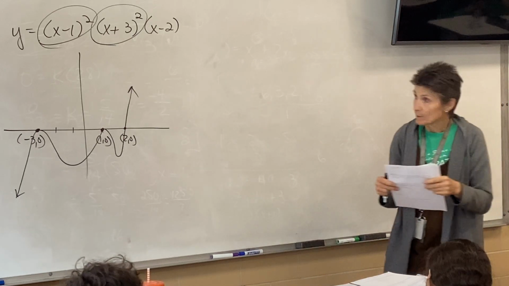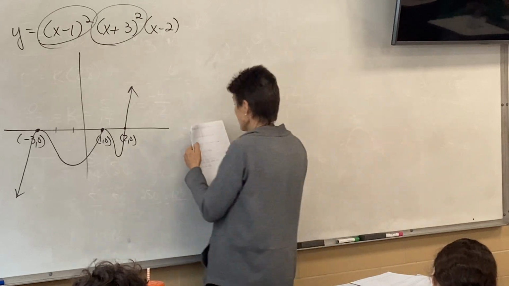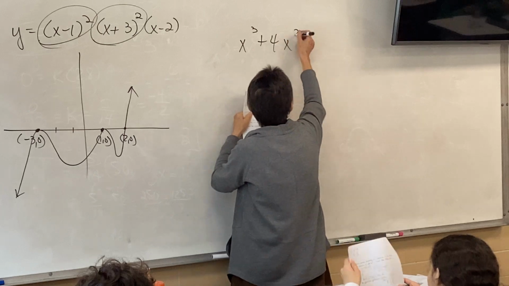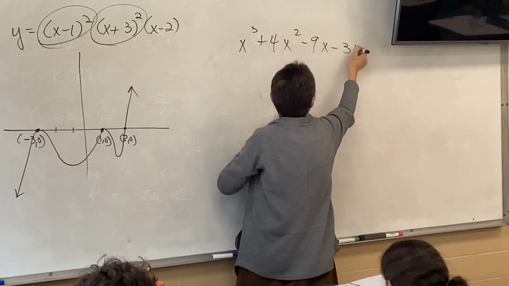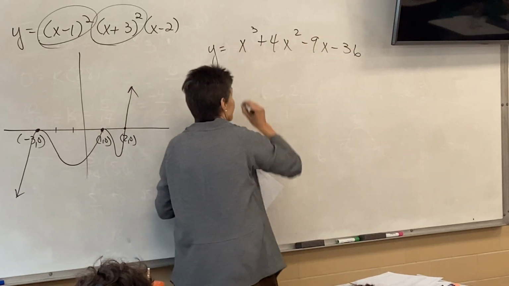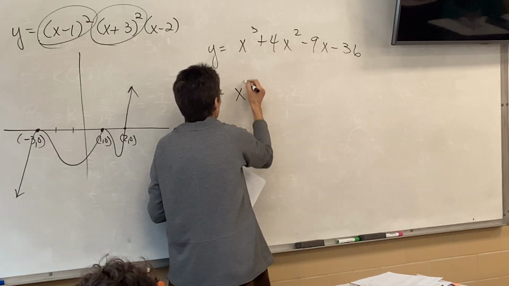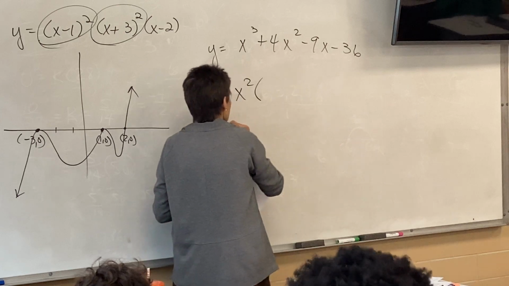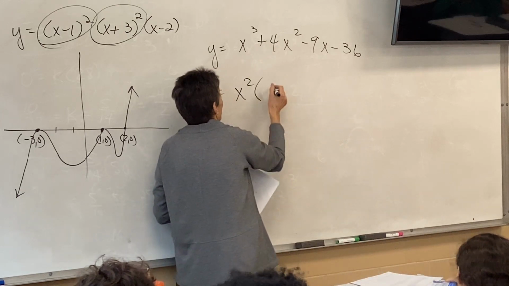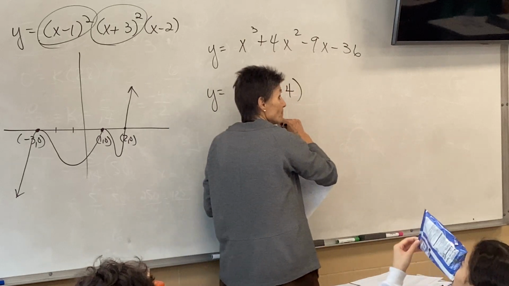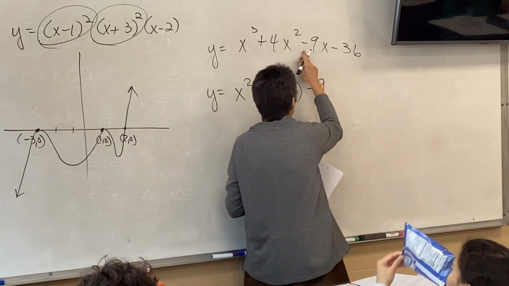Okay? So does everybody, anybody, somebody see how this one groups? X squared. So we can take out an x squared, leaving us with x plus 4, x plus 4. And then we can take out a -9.